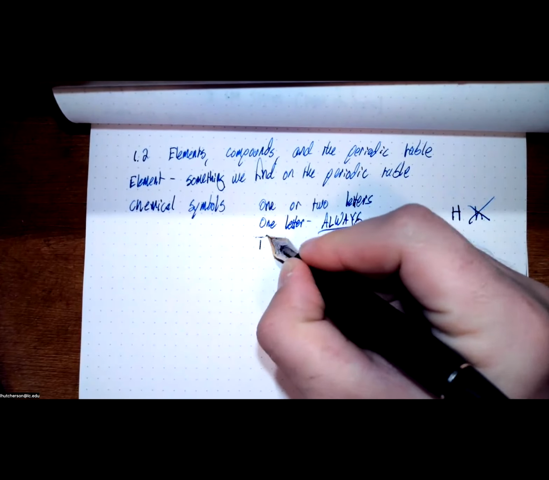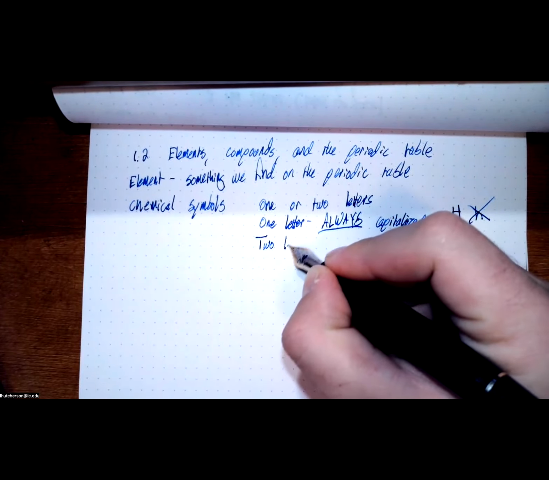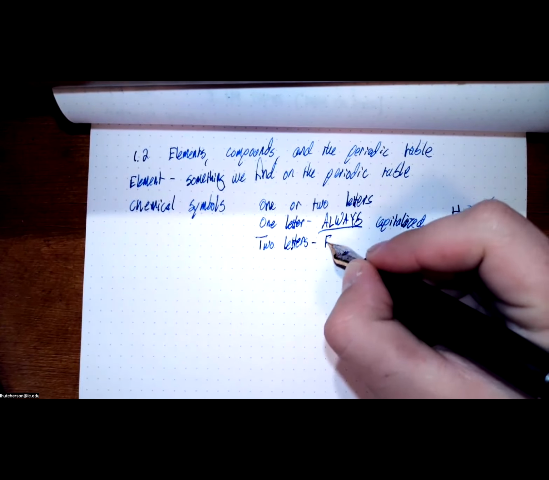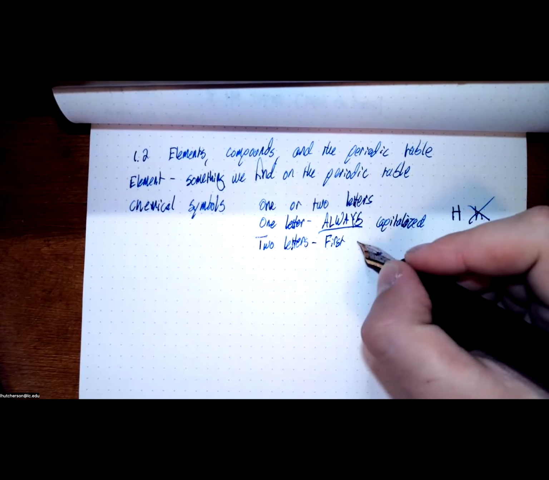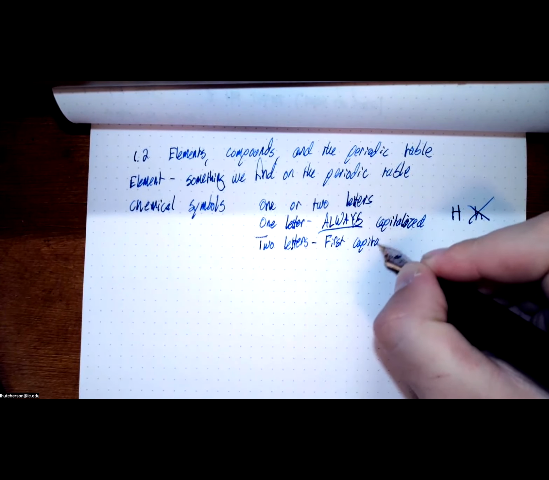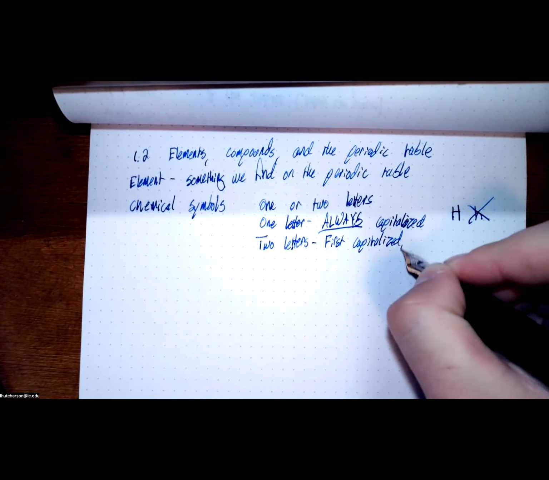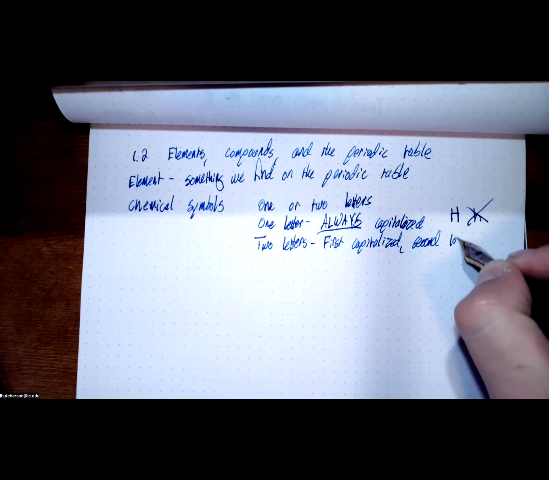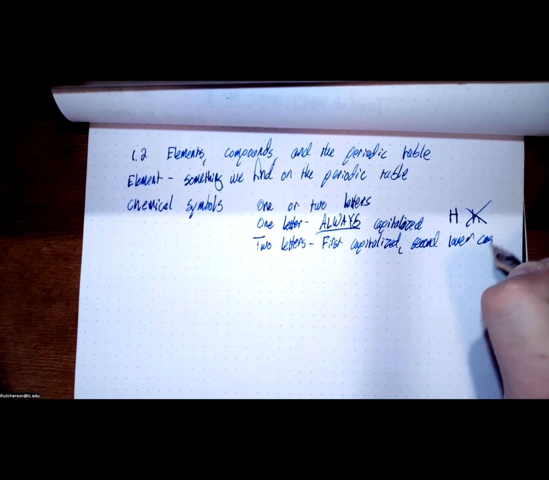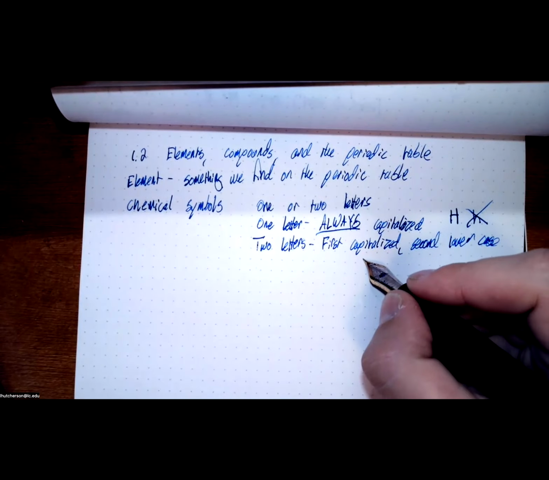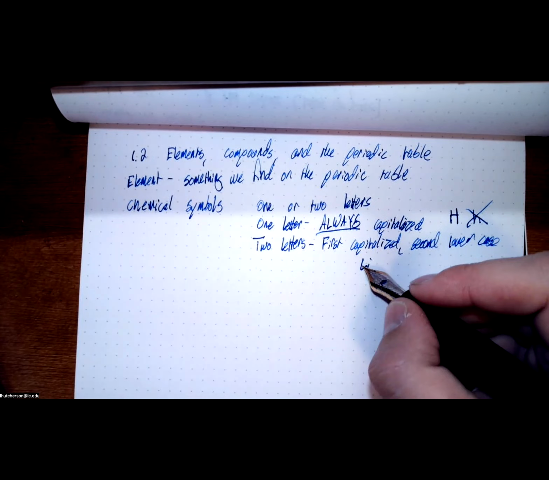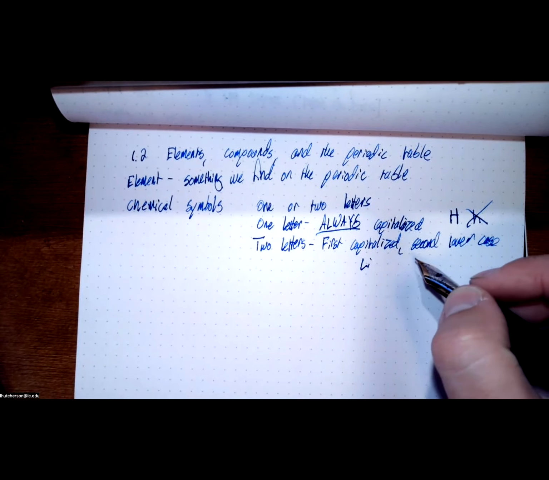If they are 2 letters, the first letter is capitalized and the second is lowercase. So if we have lithium, just for example, which I talked about a minute ago, notice we write it capital L, lowercase i.